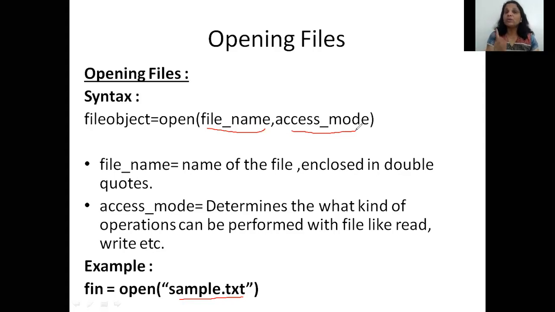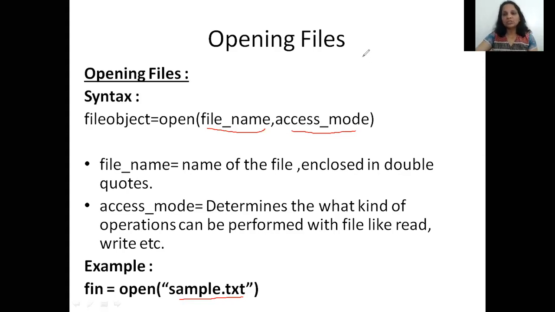But if I wanted to write something to sample.txt, and I did not specify the access mode, then it would assume that I'm opening sample.txt in read mode. Is that clear? So be very careful about when you should be specifying the access mode and when you can avoid it. If it's read mode, by default it's read, you may or may not specify. But if it's write mode or any other mode that you will see soon, you will have to specify the access mode. Is that clear?